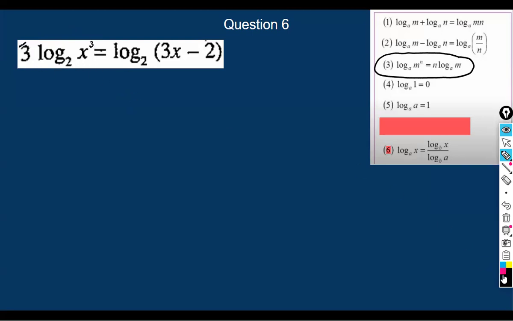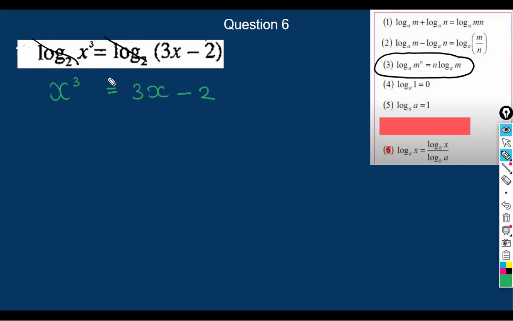So that tree can move to that position first, and now you can cancel out the log. This log 2 can now cancel out with that log 2, and you will end up with x cubed is equal to 3x minus 2.